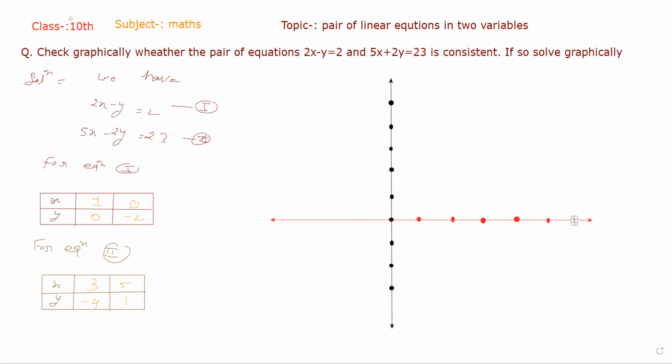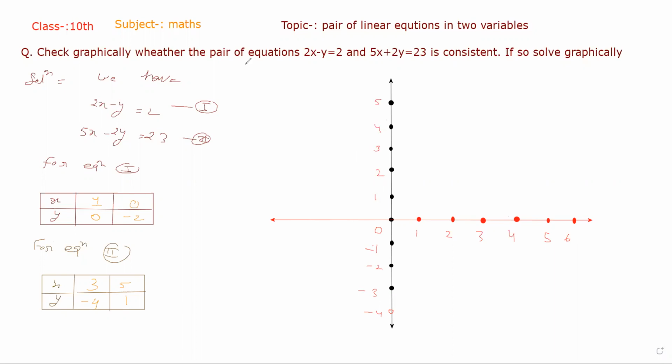Now I will write 0, 1, 2, 3, 4, 5, 6, minus 1, minus 2, minus 3, and this is minus 4. Then 1, 2, 3, 4, and 5.